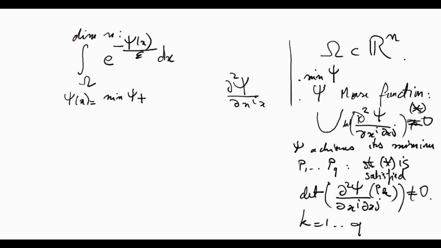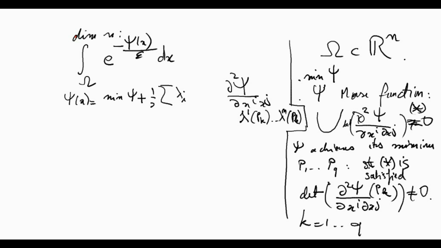The eigenvalues are going to be called lambda 1 at point, let's say, pk, up to lambda n, the eigenvalues of such a matrix. So we can always write it in the form of a sum of lambda i.